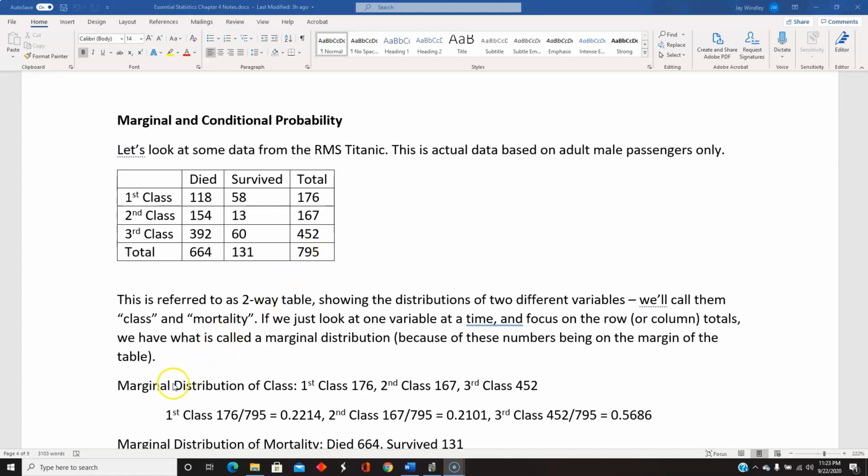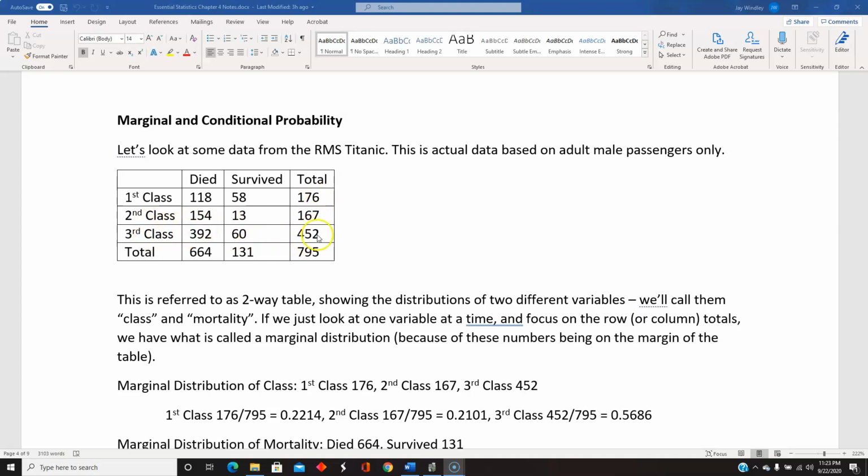So a marginal distribution or a marginal probability is the probability of just a single event. So for example, if we weren't even talking about probability, you could say the marginal distribution of class is 176 in first class, 167 in second class, and 452 in third class.